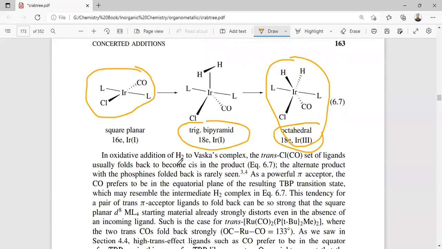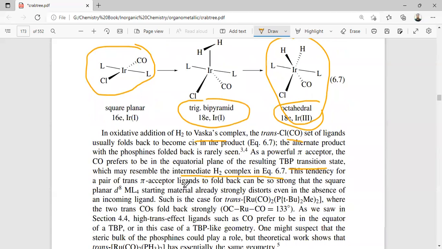So in the oxidative addition of H2 to Vaska's complex, the trans Cl and CO set of ligands usually fold back to become cis in the product. The alternative product with the phosphines folding back is rarely seen. As a powerful pi acceptor, the CO prefers to be in the equatorial plane, resulting in a TBP transition state, which may resemble the intermediate H2 complex.